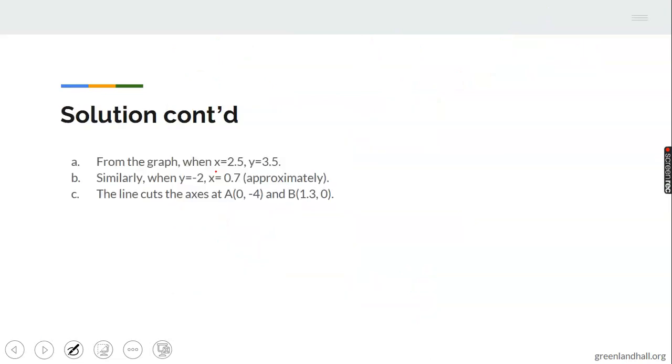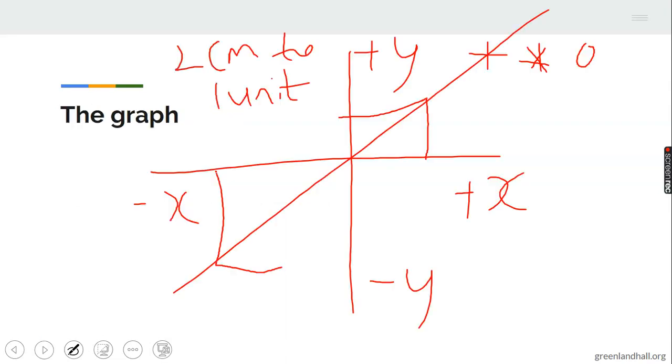Now, the line cuts the axis at, what is the meaning of that? That is where this straight line cuts both the x-axis and the y-axis. You pick out that point. You are having a graph like this, then let's say it cuts here.